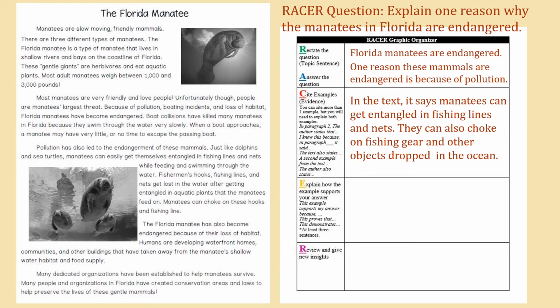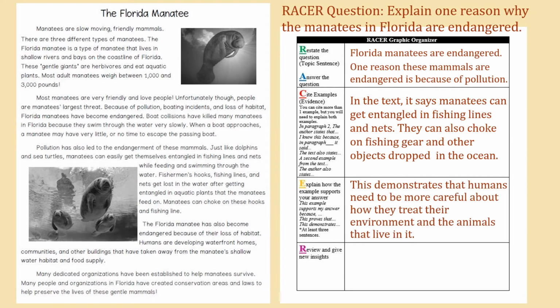I have to explain that example. So I have to explain how the manatees get entangled and what happens. How does that result in them becoming endangered? So let's look at my example. This demonstrates that humans need to be more careful about how they treat their environment and the animals in it. So let's look over here at our sentence starters, okay?